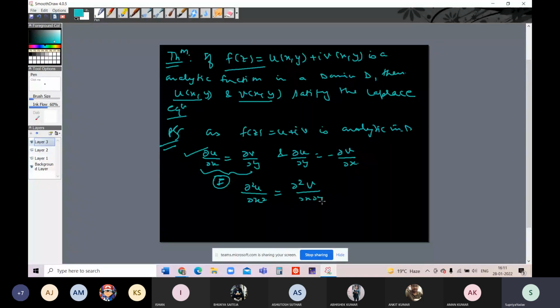Say that this is equation 1 and this is equation 2.